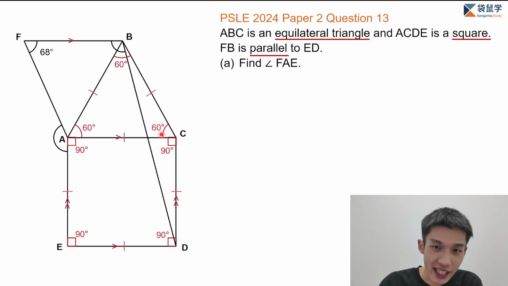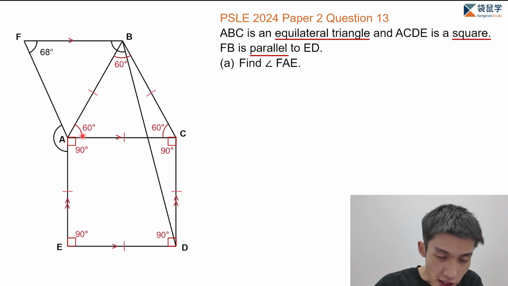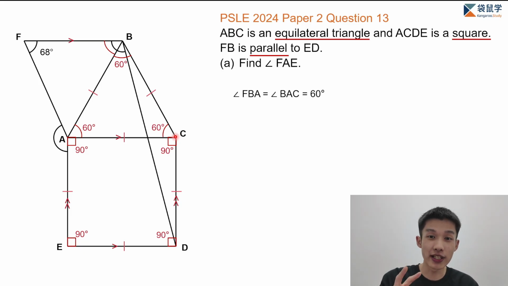So which angle can we get? Very good observation. This angle is 60. How about this one? In between parallel lines, the Z shape gives us 2 same angles, so FBA equals BAC, and both of them should be 60 degrees.